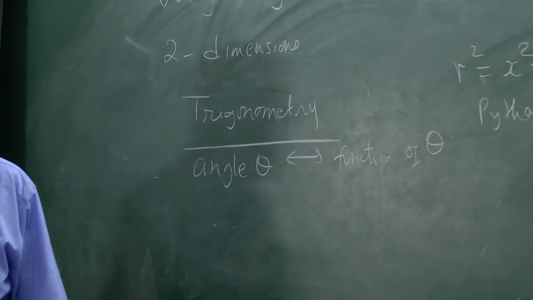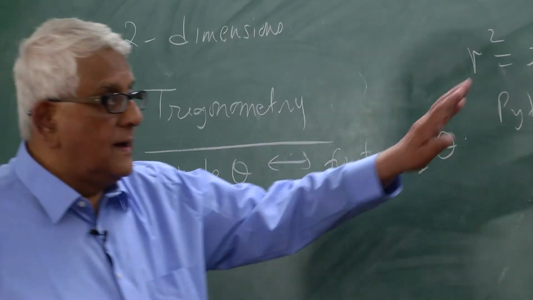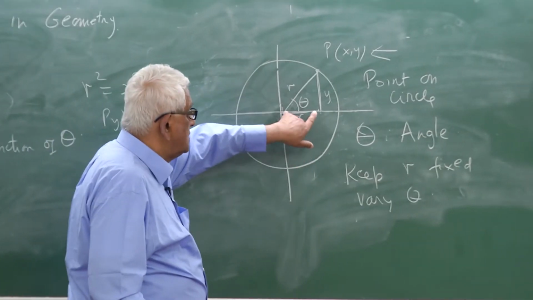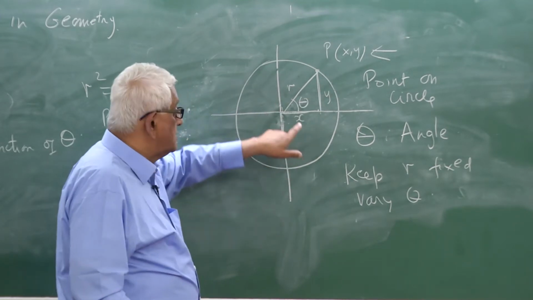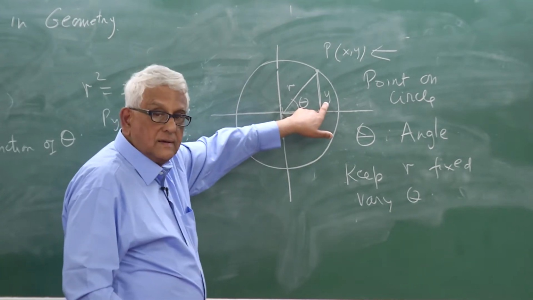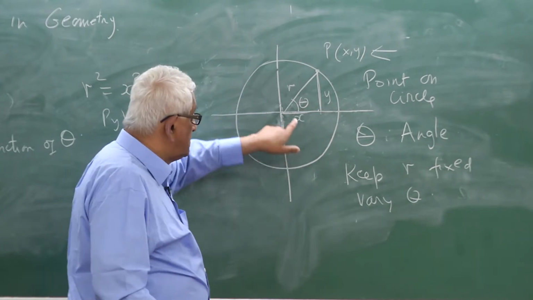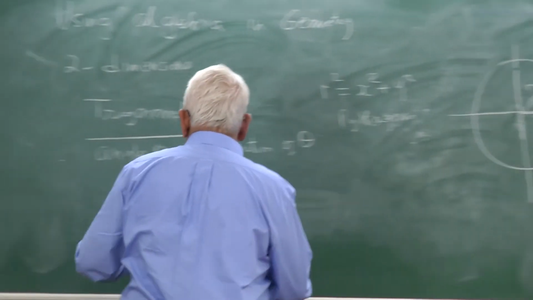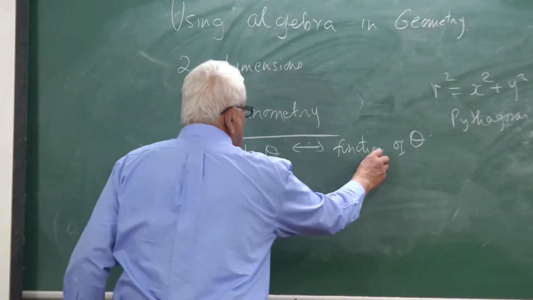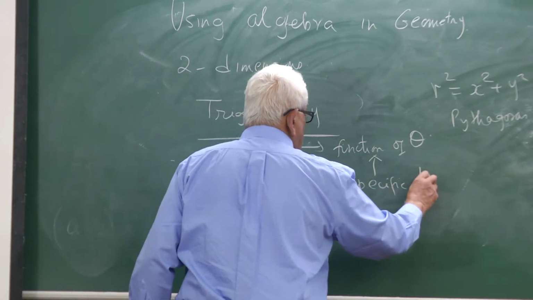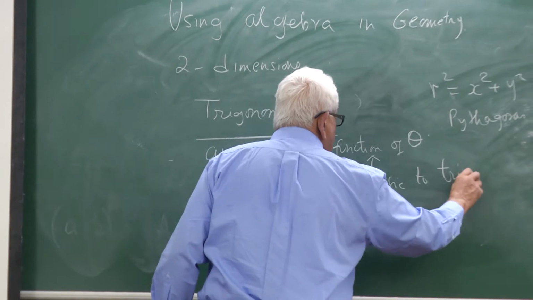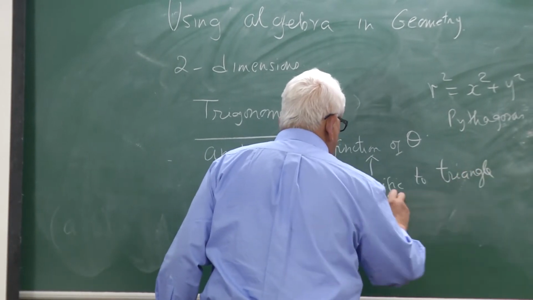And this function of theta tells you, you see, this angle depends on, it's a right angle triangle. This angle depends on x and y, right? So what you say is that this is specific to a right angle triangle.